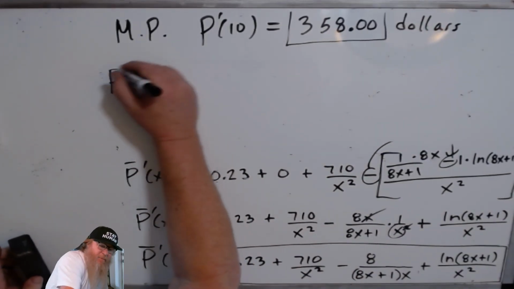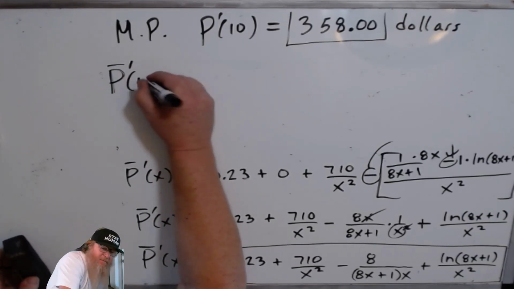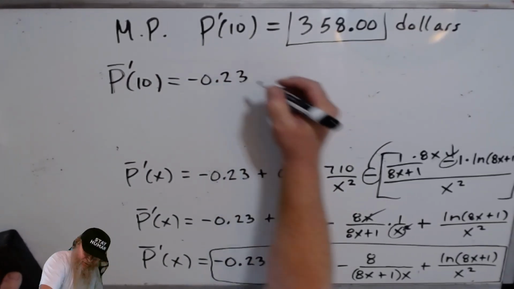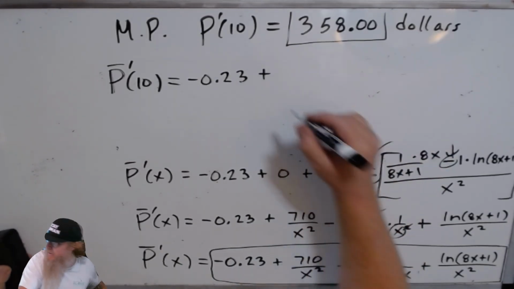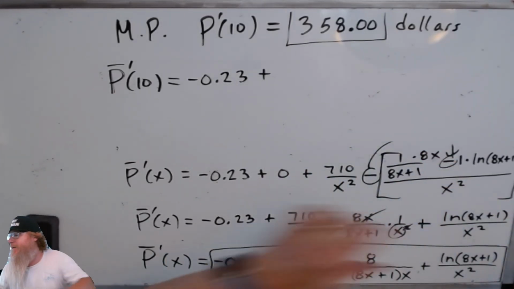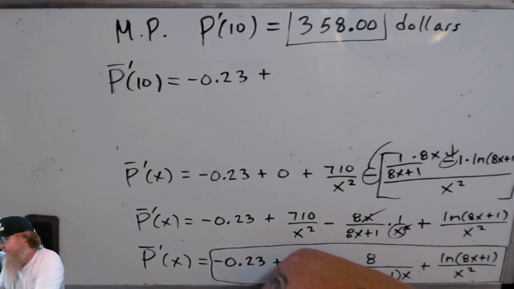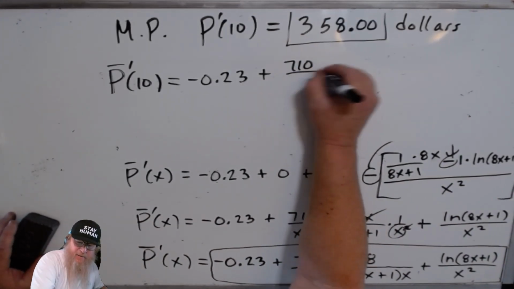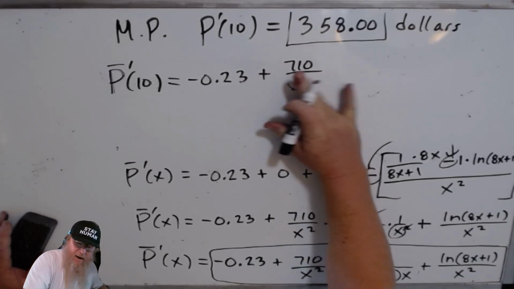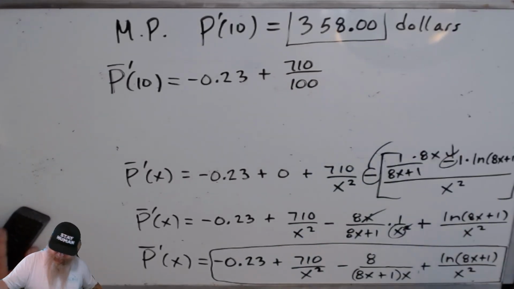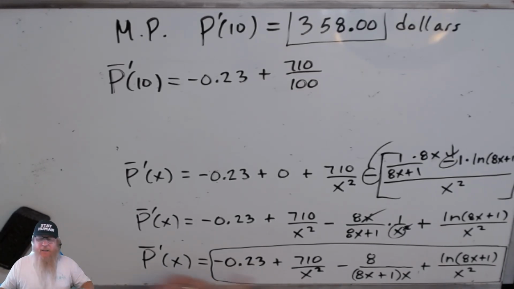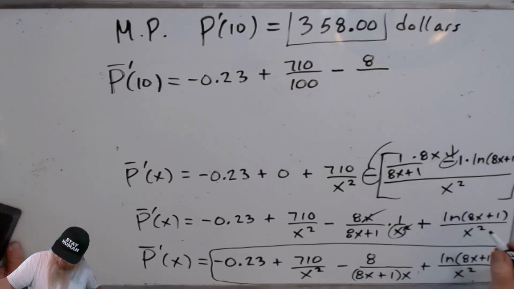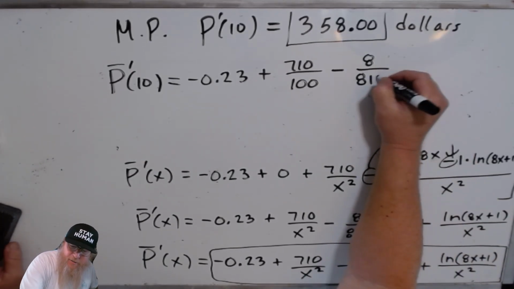So I've got p hat prime of 10 is negative 0.23 plus 710 over 10 squared, which is going to be 100. Now you know why I picked 10. Minus 8 over 810.